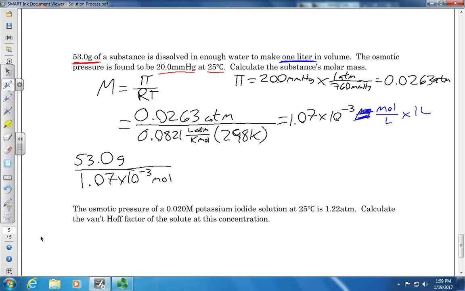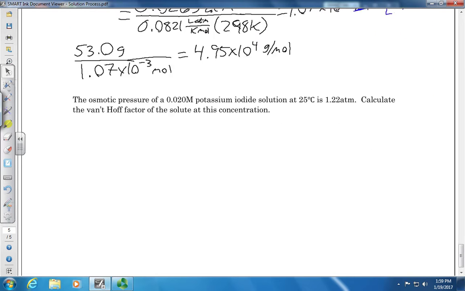And what we're left with is our molar mass, which is 4.95 times 10 to the 4th grams per mole. That is a massive, massive molecule. That's probably something in the field of biochemistry, like a protein or something of that nature, to have a molar mass that large.